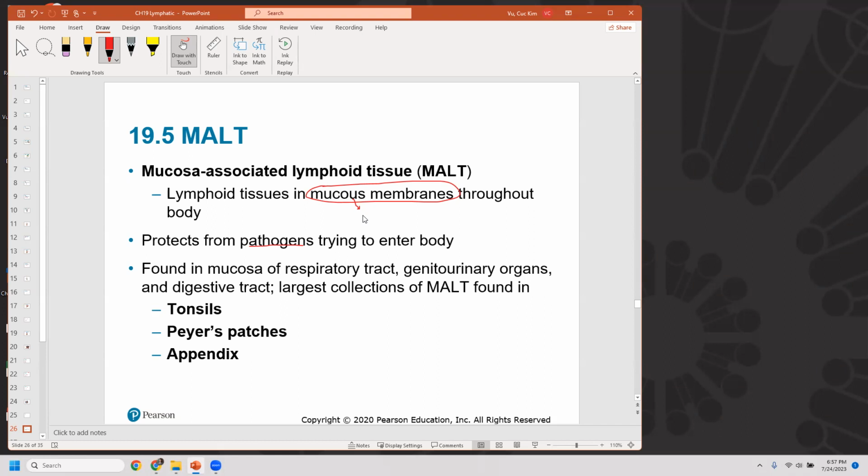Okay. So let's say, for example, you have strep throat. So someone tell me what strep throat is. I know you know this. One of you must have had strep throat in your lifetime.